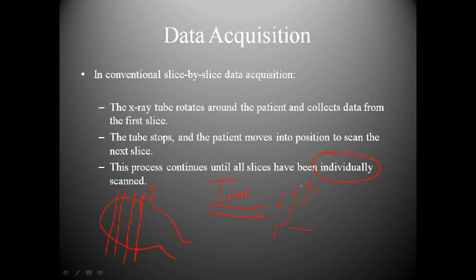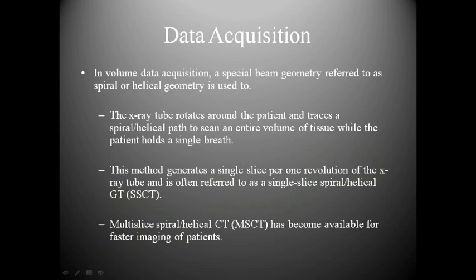So every patient comes in, whether trauma or not, gets a helical scan of the head when a head CT is ordered. And so many times the slice-by-slice method, just the time-consuming portion of it, really factors in, and that's why it's really not utilized very much any longer.